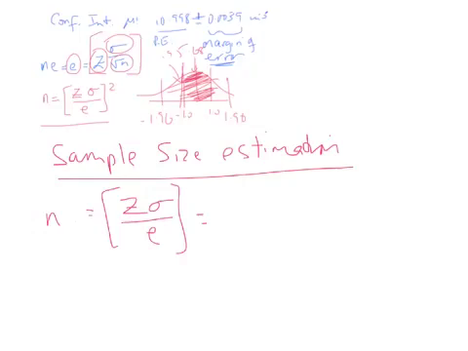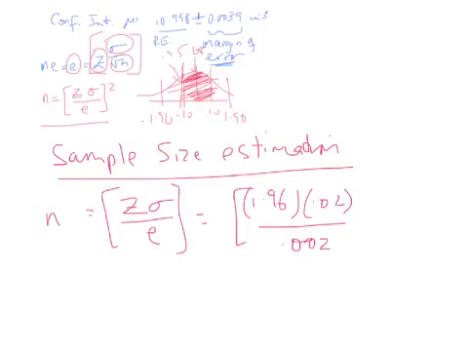So now let's substitute. We want the same level of confidence, so it's 1.96 times, we have the same standard deviation, we're assuming that is the same, which is 0.02. And then our margin of error is now 0.002.